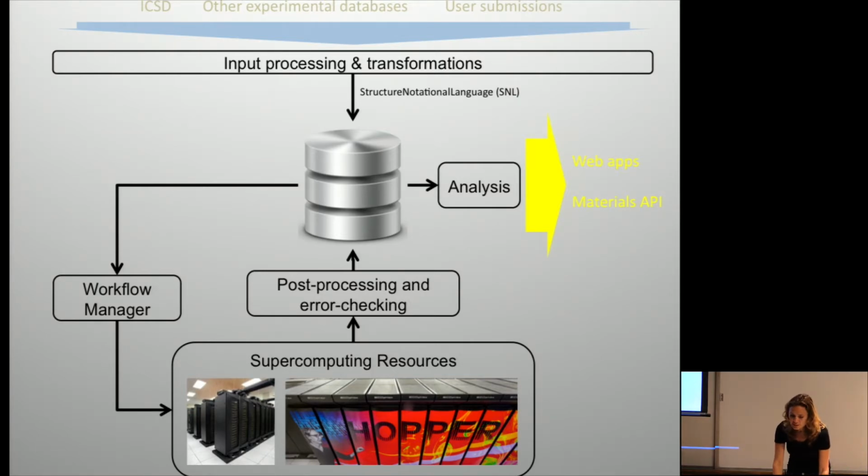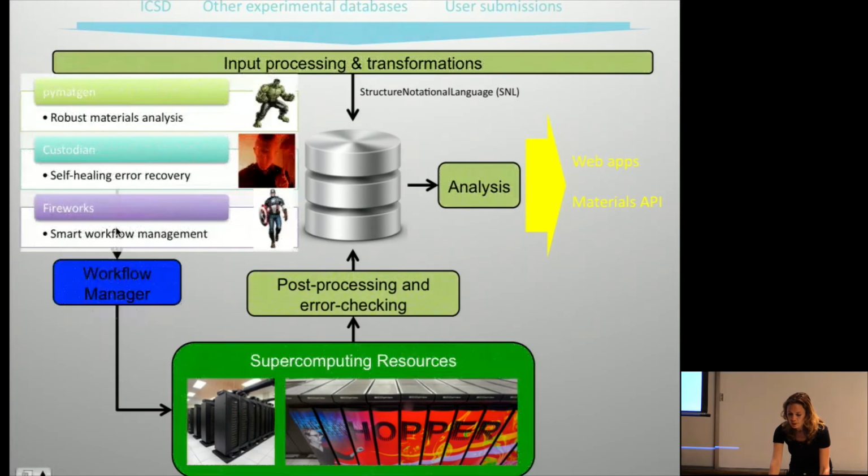But the idea is that we take structures from wherever we can get them. Remember the initial starting point of the ions and the electrons, from ICSD, from databases, from user submissions. We process them, we transform them into a database. We go through the workflow manager, and that contains 3 different kinds of codes. We already talked about Fireworks. That's the workflow management.